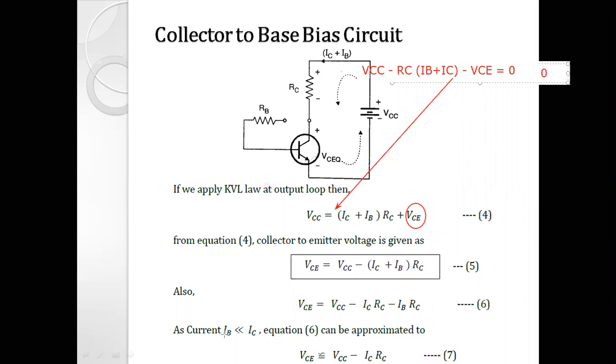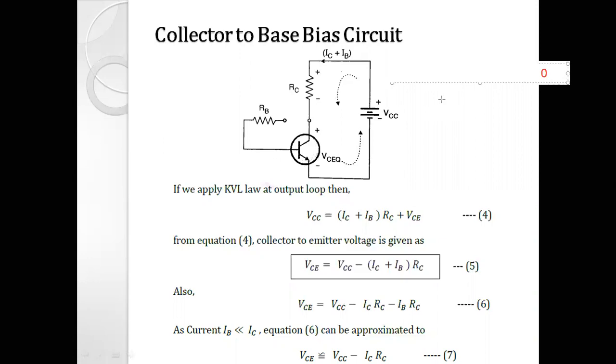As current IB is very much less than IC, equation number 6 can be approximated to VCC minus IC into RC. What does that statement say? The magnitude of IB is in the micro range and the magnitude of IC is in the milli range, right? So collector current is much higher than the base current.